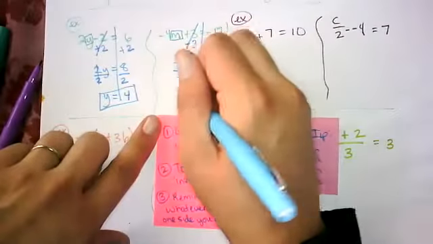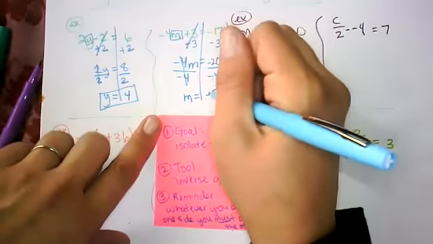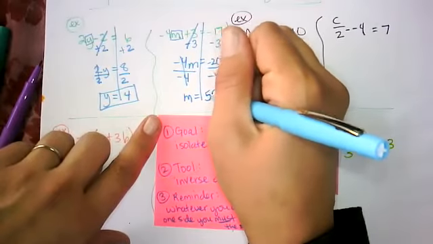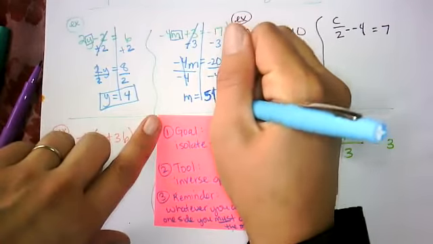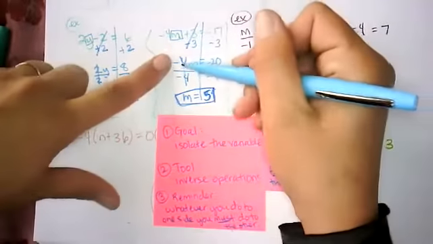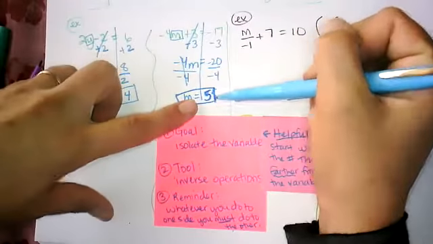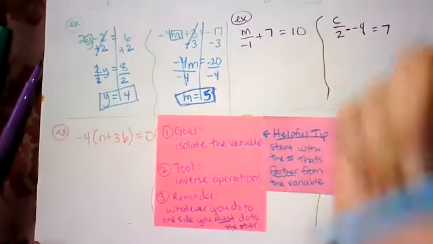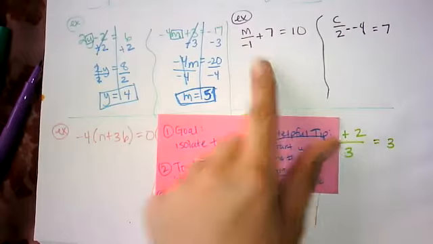I end up with m equals negative 20 divided by negative 4, which is positive 5. Just like before, negative divided by negative cancels, and you're going to get 5.